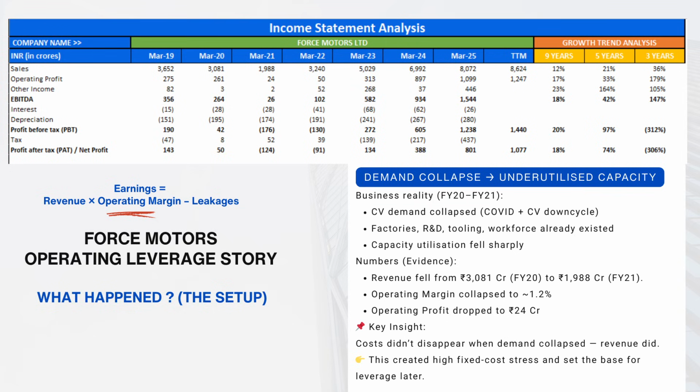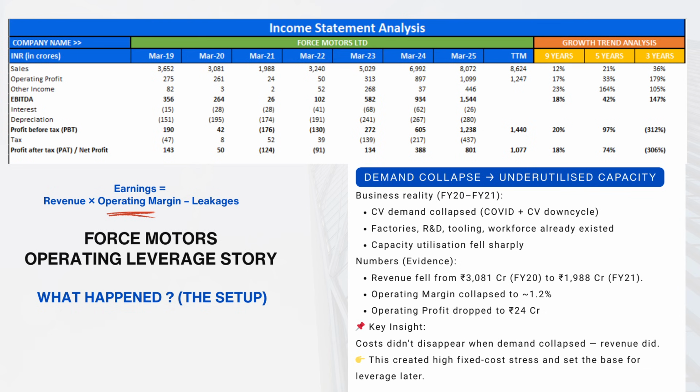So what we have is underutilized capacity. If you look at the income statement, revenue fell sharply from around 5,000 crore to approximately 2,000 crore in FY 2021. But the cost did not fall in the same proportion, because fixed costs don't disappear just like that. Even if the demand goes down, your fixed costs will still be there. Factories still need to be maintained, and employees still need to be paid. Because of this, the margin collapsed. Operating profit dropped to almost nothing. Now this basically sets the base, right?